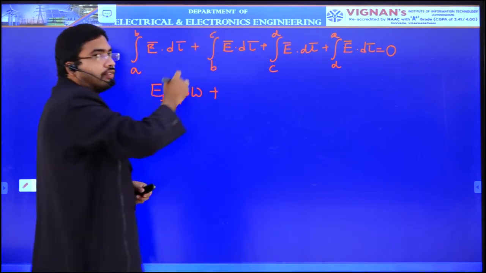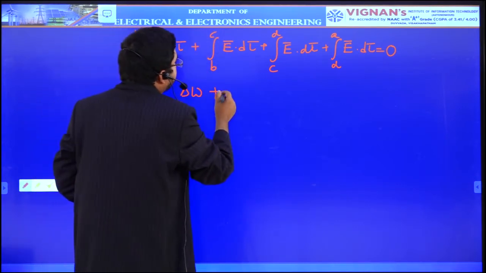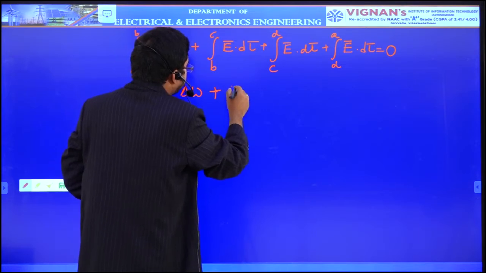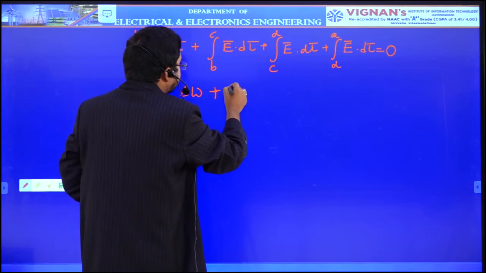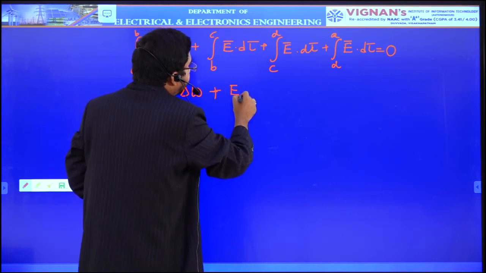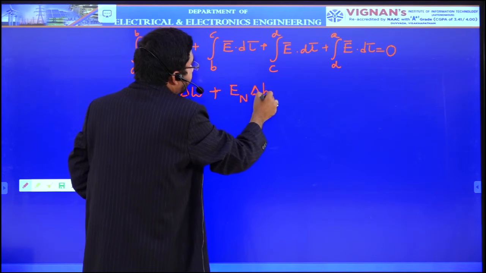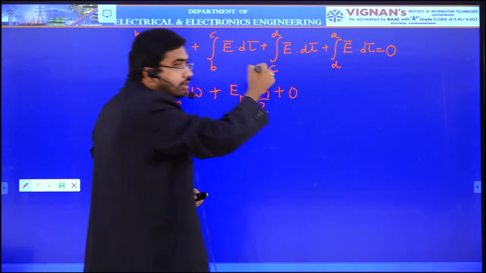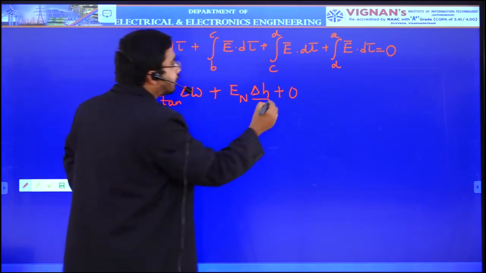What is the B to C value that you have got? B to C is En into delta H by 2, and the C to D part is 0 because it is completely inside the conductor.